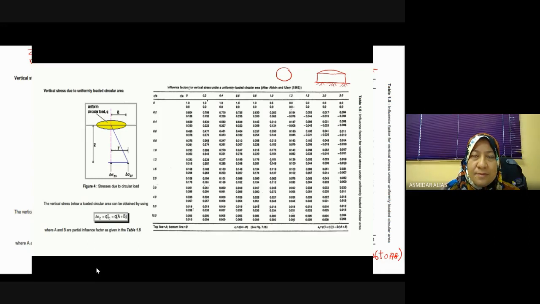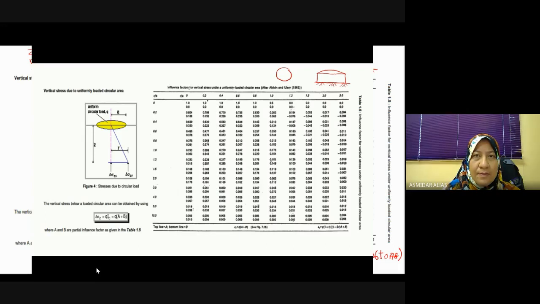So the transition is from using direct equation to using table. If we get a more complicated equation, the best way for us is to get the value for influence factor using table. Now this is the same for circular section.